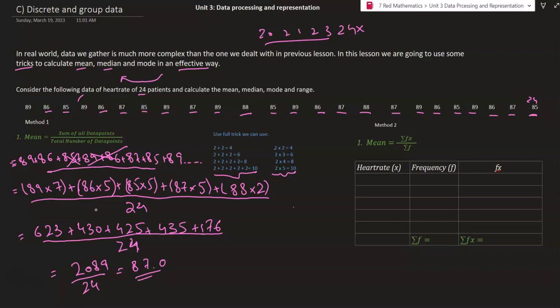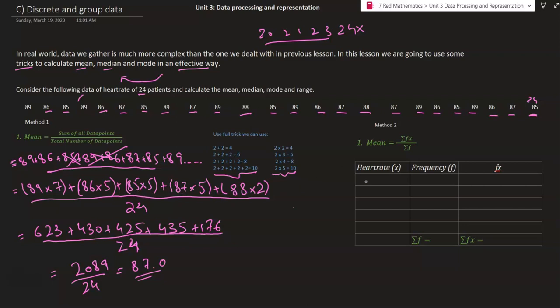Now, a much simpler and easier method, where we don't have the tendency to make mistakes, is method 2, in which we do it in a tabular form. In the tabular form, we first ask what the unique values of the rate are. 89 is a unique value, 86, 85, 87, and 88.